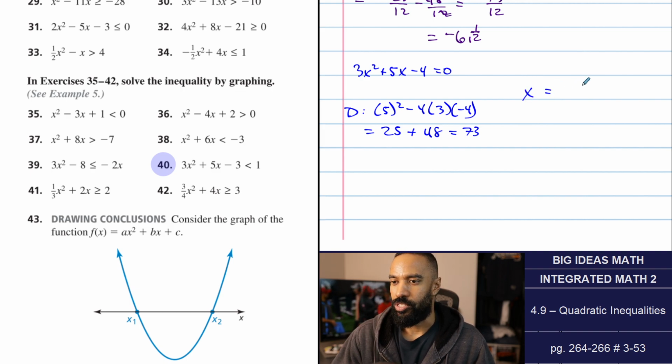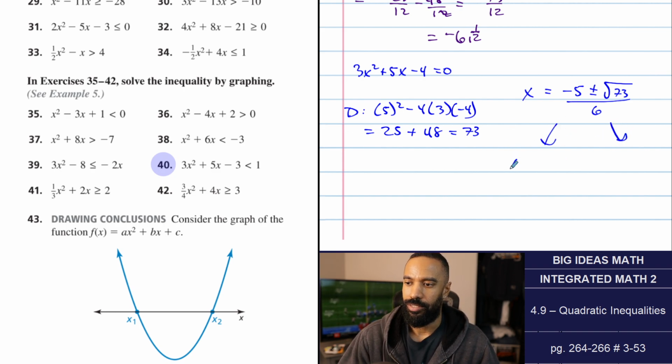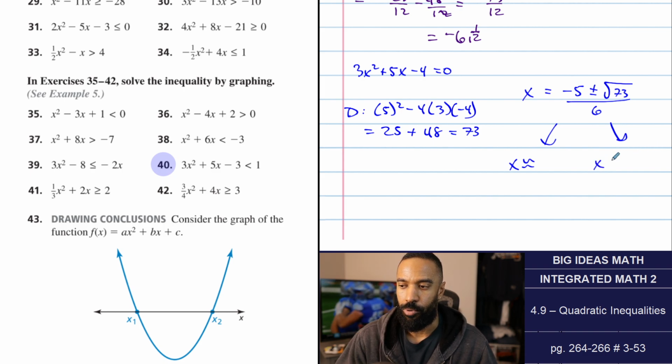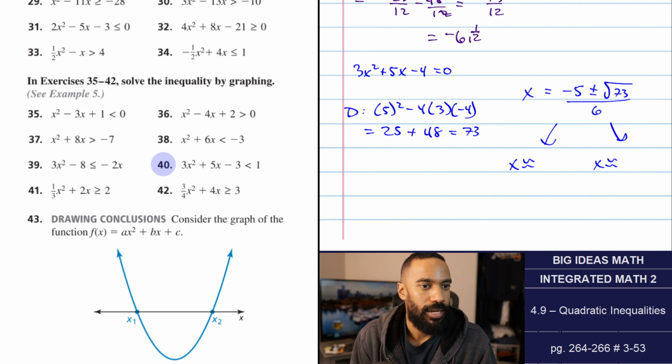X equals, now the rest I just got to do here, negative b plus or minus the square root of b squared minus 4ac over 2 times 3, so over 6. So your two approximations, again, I'm guessing just from the graph, around 0.5 and around negative 2.2 or something like that. Negative 5 plus square root of 73, and then divided by 6.